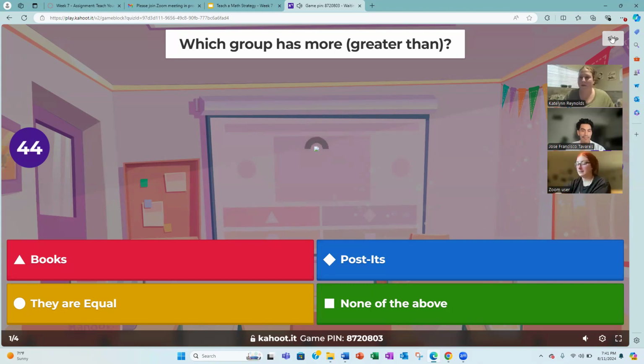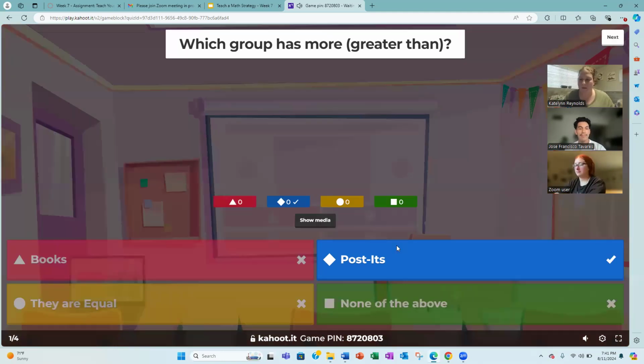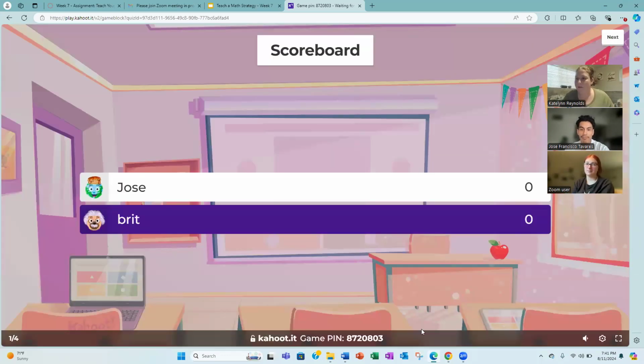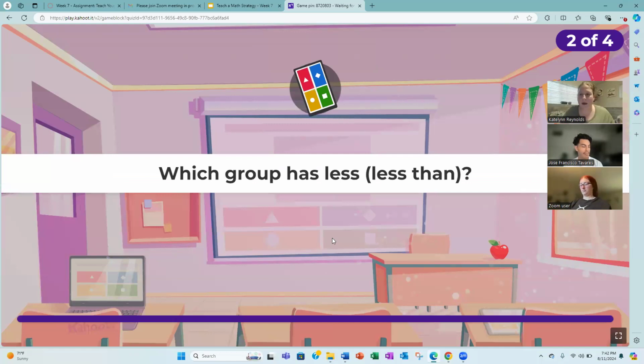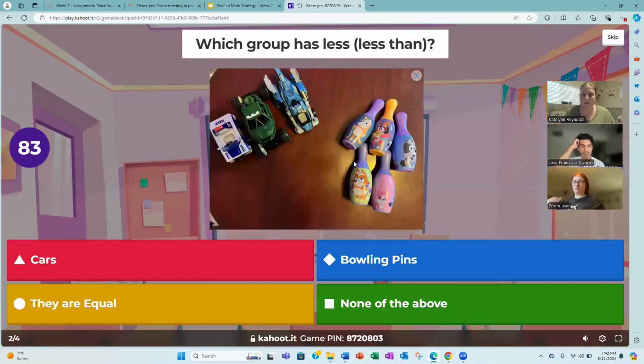Okay, let's start a different question. So since Kahoot is actually giving us some problems, we might not be playing Kahoot right now. Let's try it again one more time. Let's see if the picture loads. Oh, here we go. This picture loaded. So is it cars, bowling pins? They are equal or none of the above? Which group has less than?